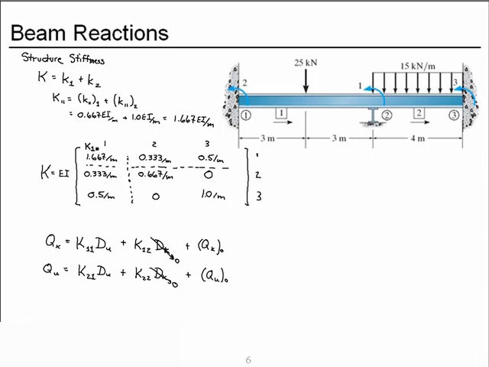This part, which turns out to be just one coefficient, is the structure stiffness matrix, forces at unconstrained degrees of freedom due to deformations at unconstrained degrees of freedom. And this chunk down below the dotted line are forces at constrained degrees of freedom due to deformations at unconstrained degrees of freedom, and it has 2 entries.